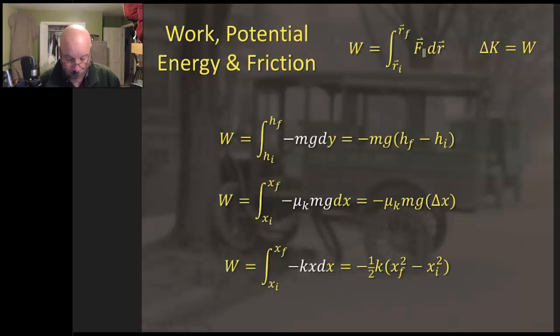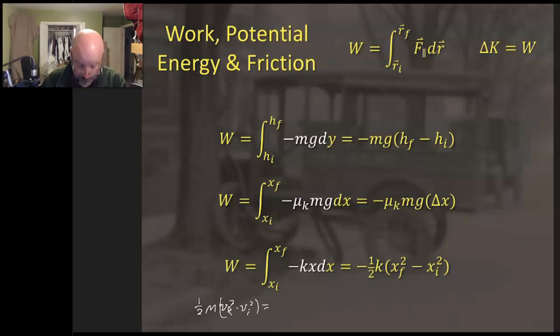All right, so we introduced these relationships earlier when we introduced the first law of thermodynamics, our universal or master energy equation. We said that was going to be 1/2 m (v final squared minus v initial squared).